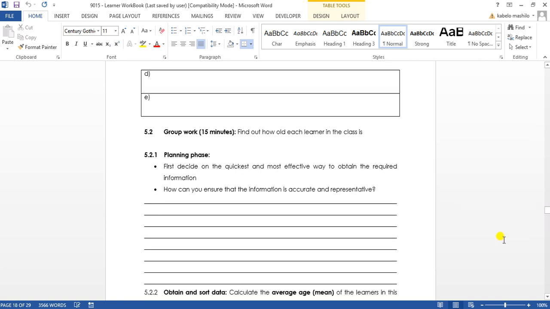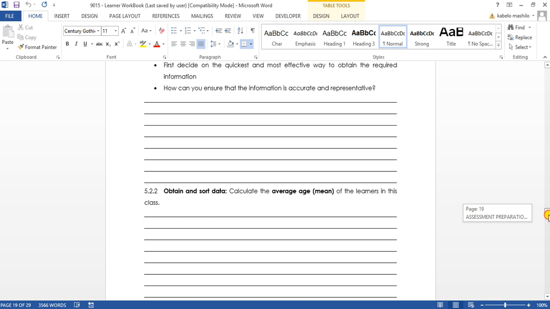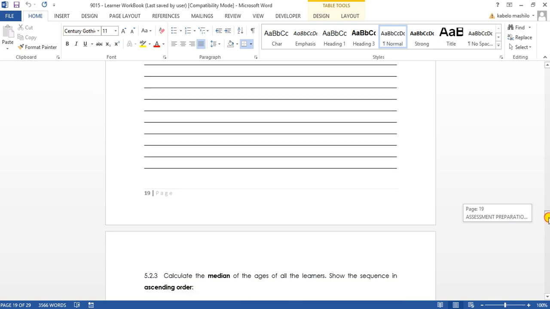Group work: find out how old each learner in the class is. First, decide on the quickest and most effective way to obtain the required information. How can you ensure that the information is accurate and representative? Obtain and sort data. Calculate the average age, the mean, of the learners in this class.